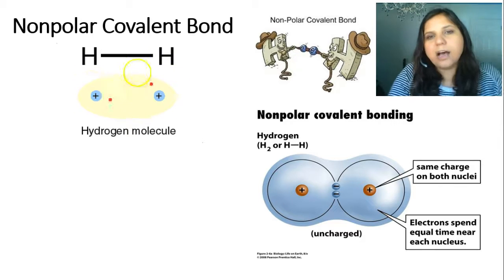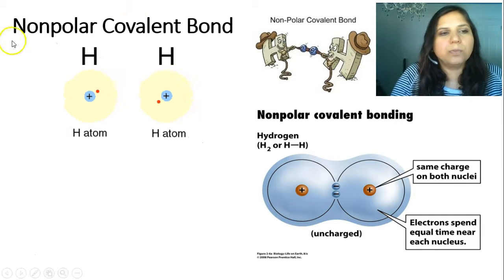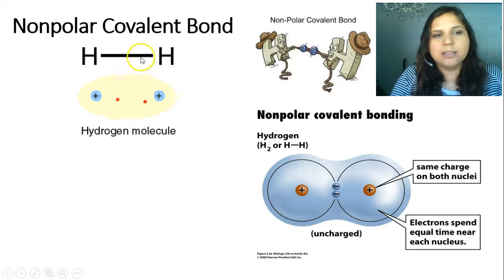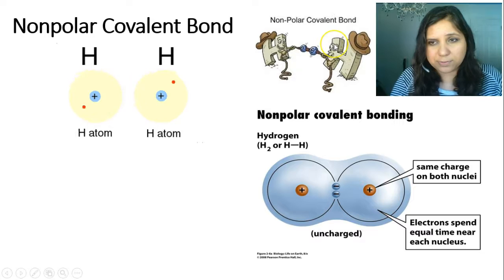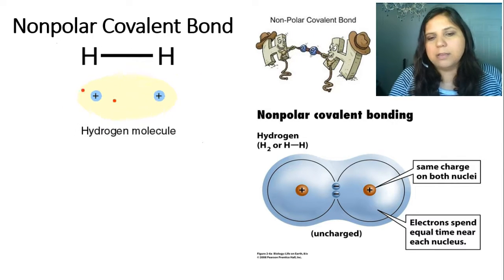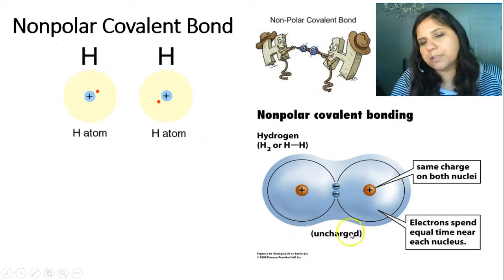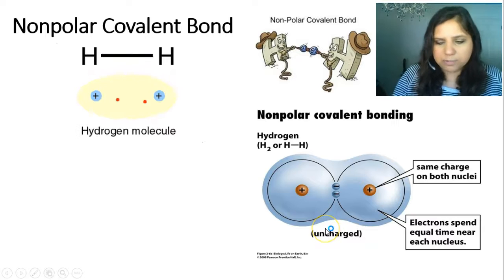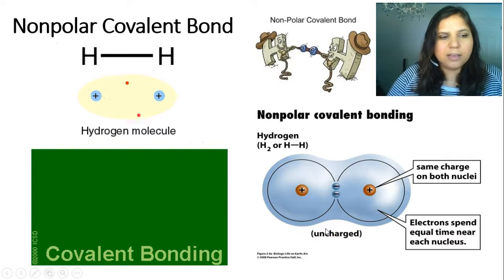We call this a nonpolar covalent bond since both of these atoms are sharing the electron equally because they have similar attractions for that electron, similar electronegativities because they're the same atom. As a result, you don't end up with a charge. It says uncharged. We'll talk about that too.